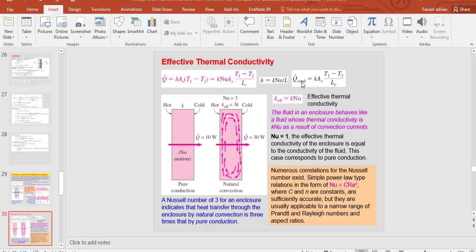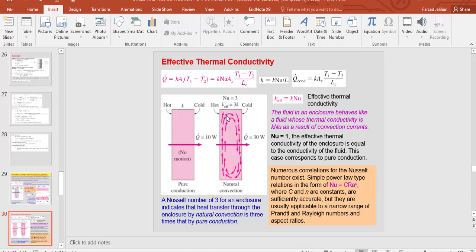You remember this equation, Fourier's law. To calculate the conduction, we have two surfaces with different temperatures, hot and cold, and a medium between them, which is the fluid, but it is not in motion. Then we can calculate the conduction heat transfer for that fluid. We know the temperatures and the characteristic length, so we can calculate this conduction heat transfer. And K is the thermal conductivity of the liquid or the fluid.